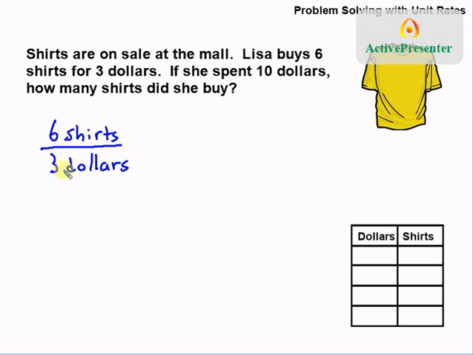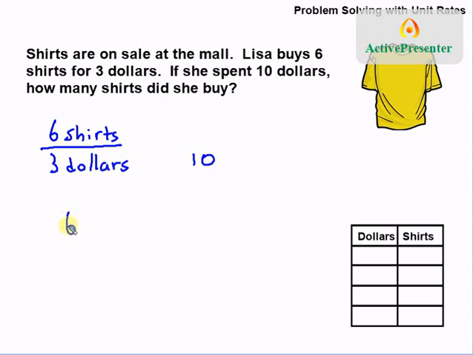So if she buys 6 shirts for $3, we want to know how many shirts she can buy with $10. We want to solve this problem using a unit rate. The first thing we do is calculate the unit rate using this ratio, by dividing the top number by the bottom number.